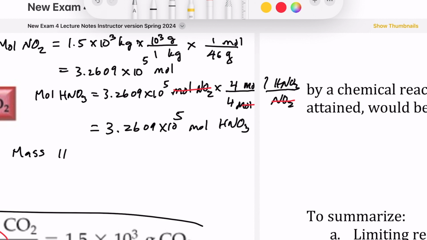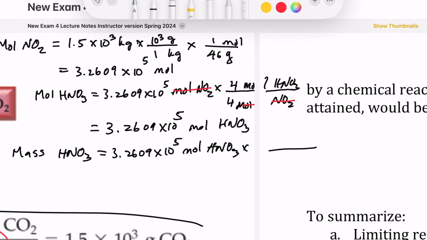Lastly, we want to know the mass of HNO3. That's really what we're being asked here. So we take this number of moles that we just found, and now we're going to bring back our molar mass, but now it's the molar mass of HNO3. So we're going to have to look that up in the periodic table again. And that number is 63 or thereabouts.